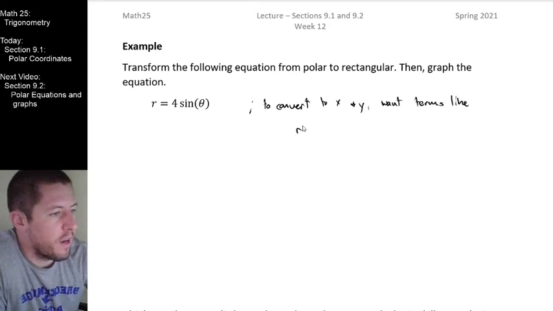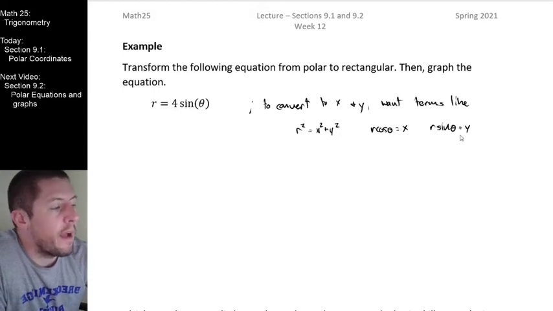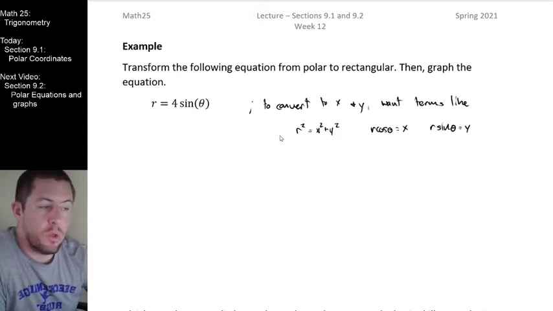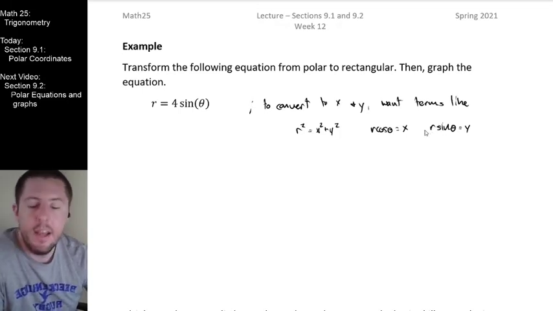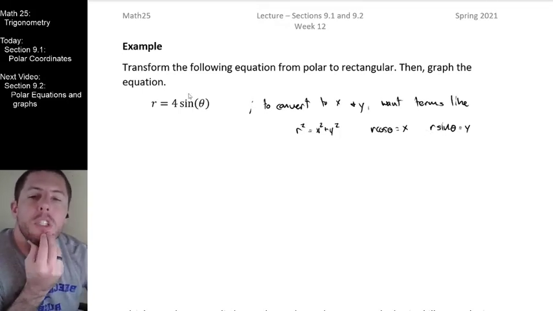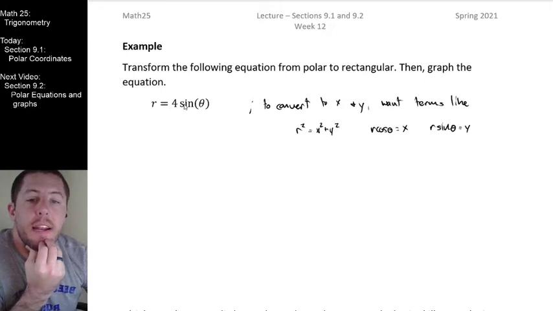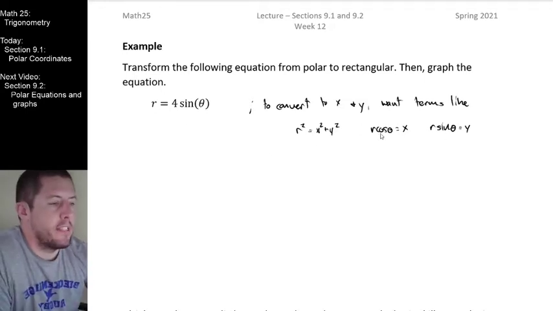I'm seeing things like r squared equals x squared plus y squared, or r cos theta equals x, or r sine theta equals y. So what I'm not seeing is any r squared, any r cos theta, any r sine theta. And so I'm asking myself, what algebraic operation could I do to this thing right now to forcibly create these things?